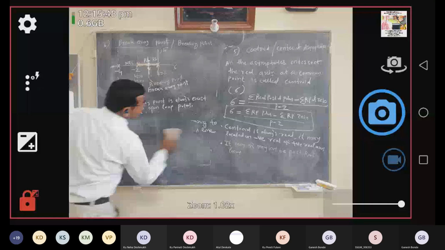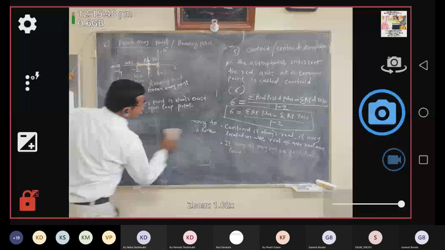Here we considered that at 0.7 these two branches meet at this point, so how do we determine this point? For that purpose, a small test will be there. Simply differentiate dk by ds equal to 0. You equate this equation to 0 and you will get the breakaway point. I will give you the example in the next part. So breakaway point is always related with the two open loop poles, and it always exists between two open loop poles which are a part of the root locus.